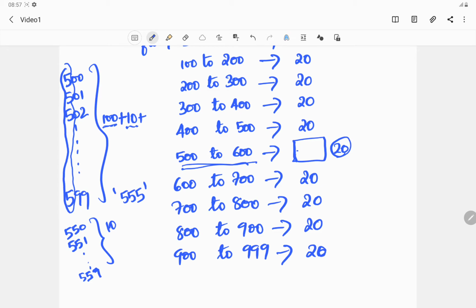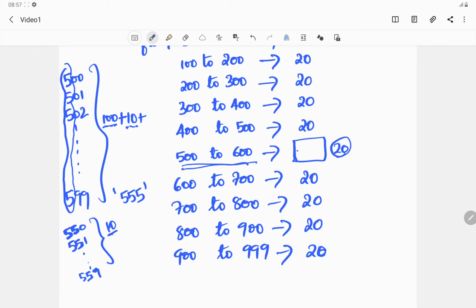Now there are 10 such numbers where 5 is appearing in the tens place, so those 10 numbers should be counted.